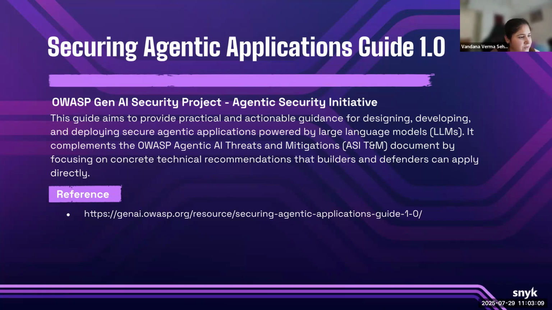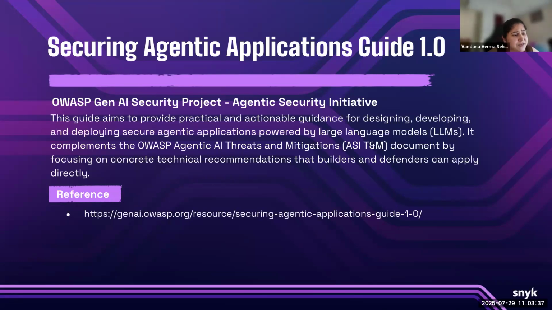Without guardrails, agents are like interns with root access. So this guide talks about how we can design secure patterns. It is very important that we understand these different patterns for agentic architecture. It also talks about guidelines for secure development, deployment, and runtime when we are using LLMs.